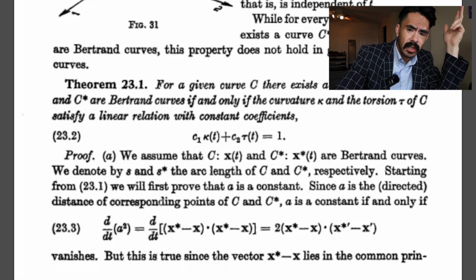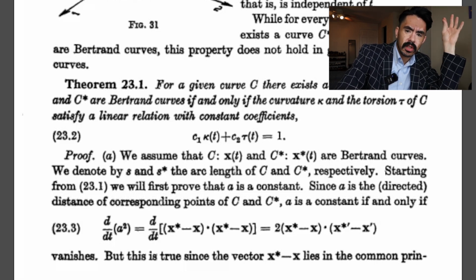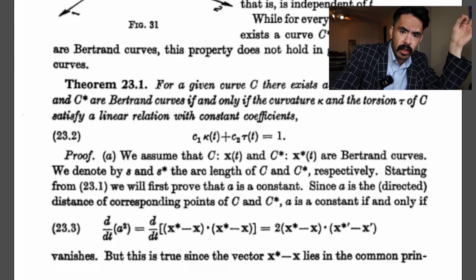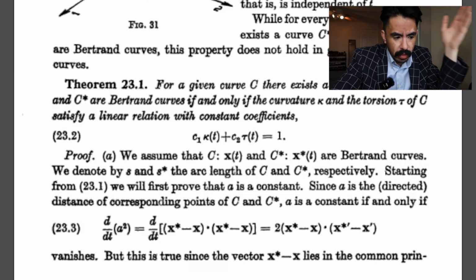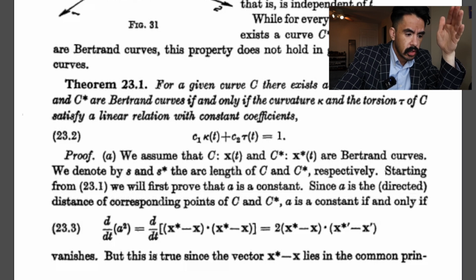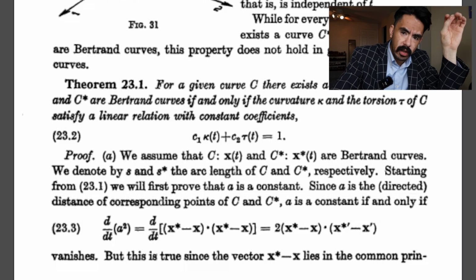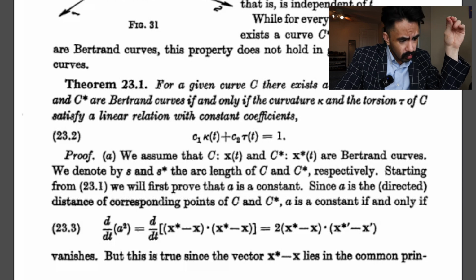So this whole expression, which was originally the derivative in terms of t of A squared, then vanishes. And so A is a constant if and only if that quantity for the derivative of A squared in terms of t vanishes.